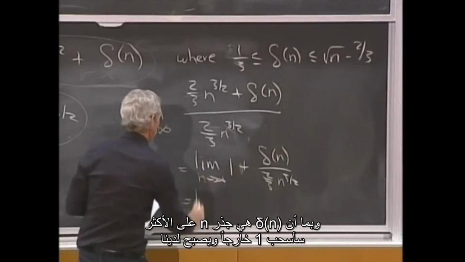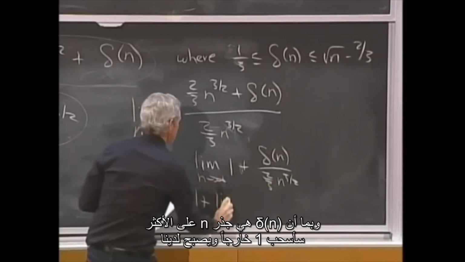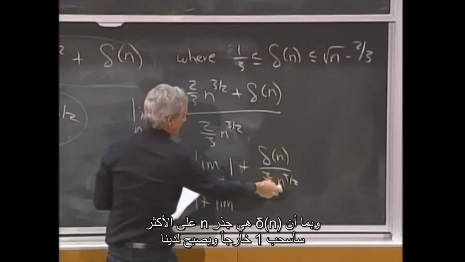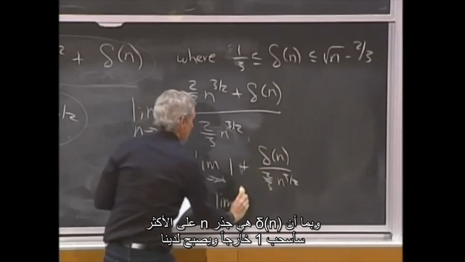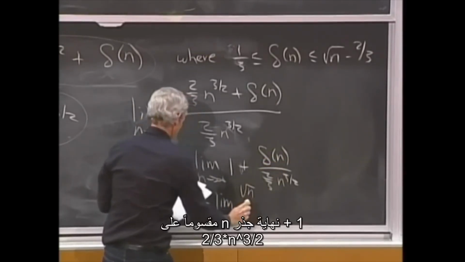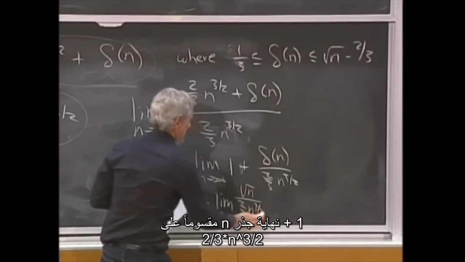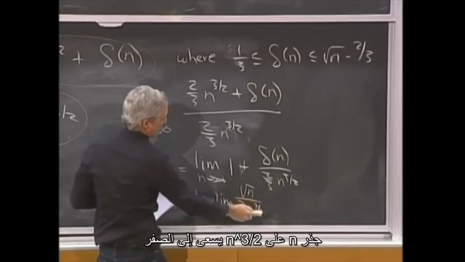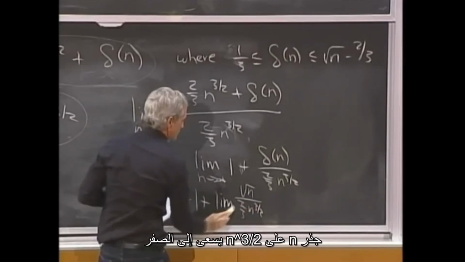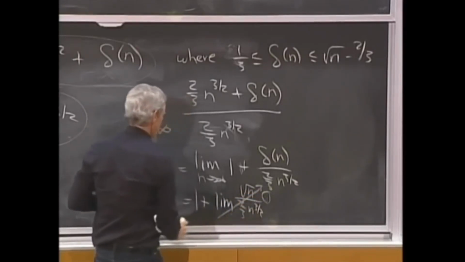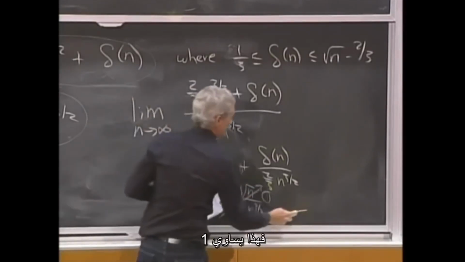I can pull the 1 out front. That's 1 plus the limit. And delta n is at most square root of n. So I get square root of n over 2/3 n to the 3/2. Square root of n over n to the 3/2, that goes to 0. So this equals 1.